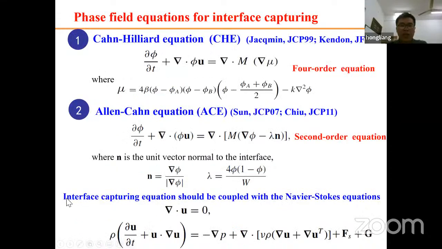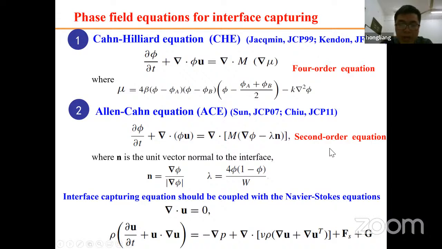Next. As we know, there are mainly two popular phase-field equations for interface capturing. The first one is the Cahn-Hilliard equation, and the second one is the Allen-Cahn equation. The Cahn-Hilliard equation is a fourth-order equation, and the Allen-Cahn equation is a second-order equation.